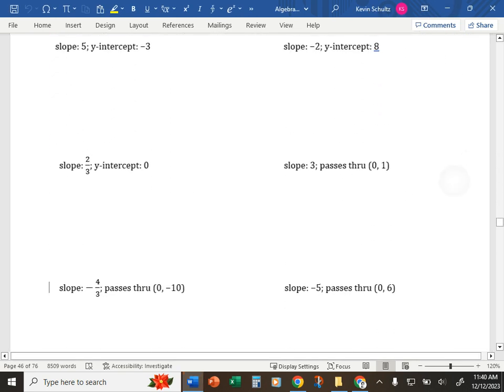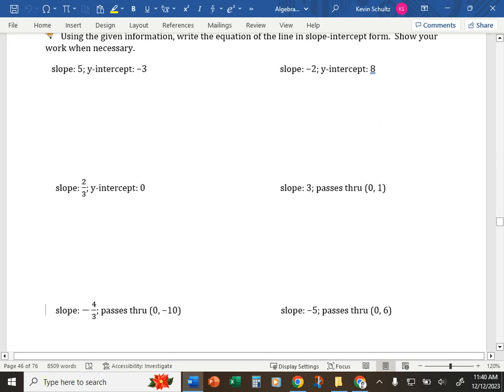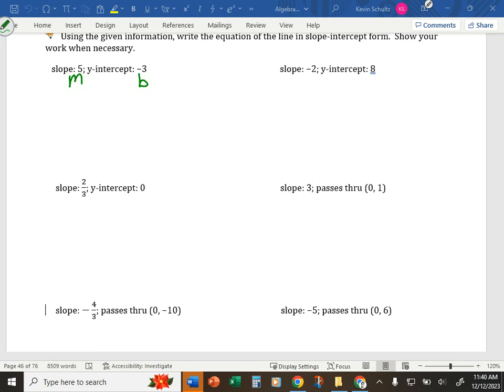If I tell you the slope of the line is 5 and the y-intercept is -3, meaning this is your m, this is your b, what is the equation in slope-intercept form? There's slope-intercept form.